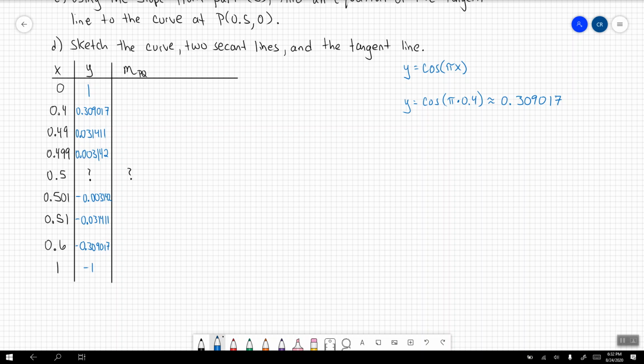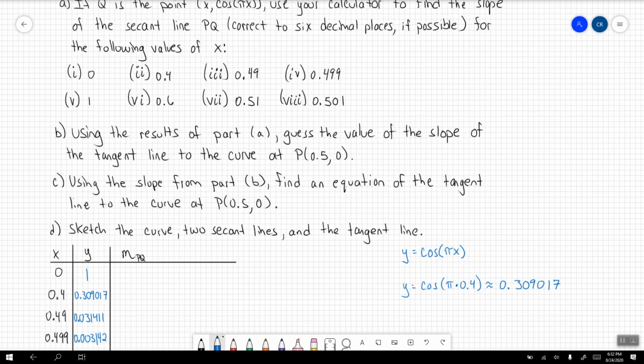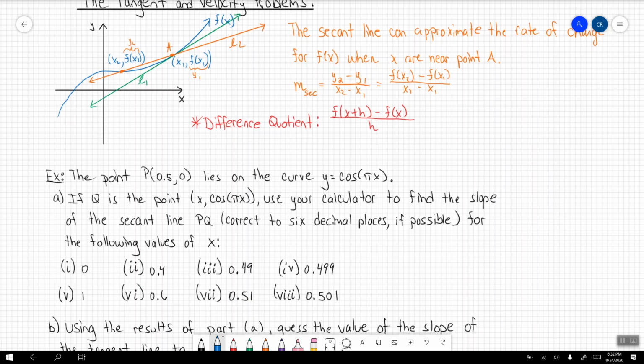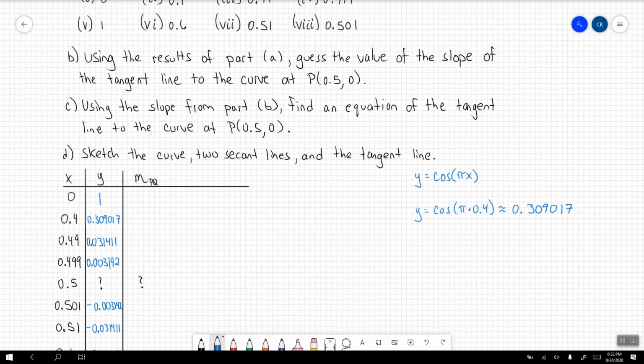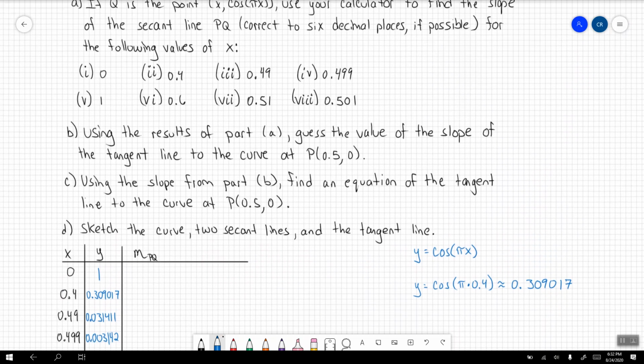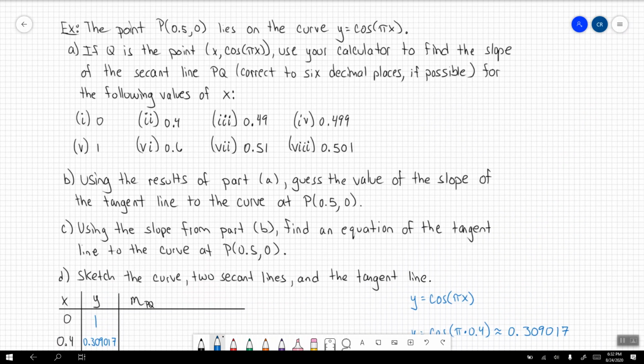slope of that secant line. So remember what I said at the very beginning here and what I have highlighted in orange at the top right-hand corner of the screen. That if I wanted to find the slope of the secant line, then that means I need to use this equation here. Now, what's going to be very nice about this is that I have two given points. I have one of my points Q. Q is the point that is constantly changing.